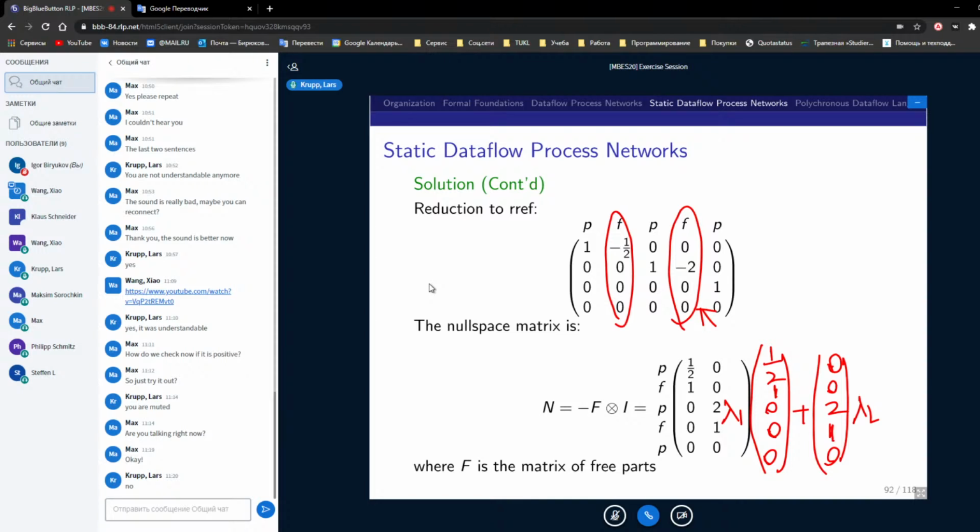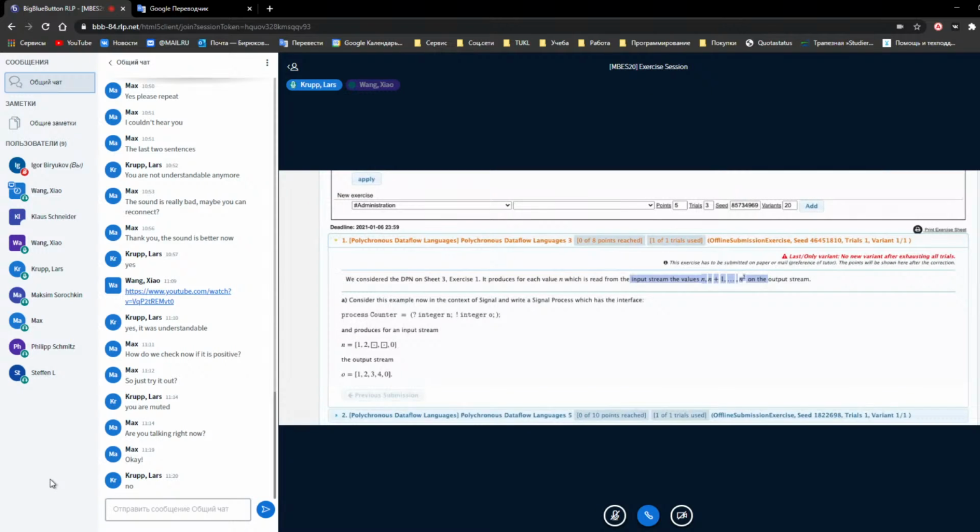We have this stream, and in each clock cycle, I suppose, we get one element, the first element of this input stream, into our process counter, and then we can use this element in whichever way we want, and at the end of this clock cycle we want the corresponding output element to this input element, I suppose.